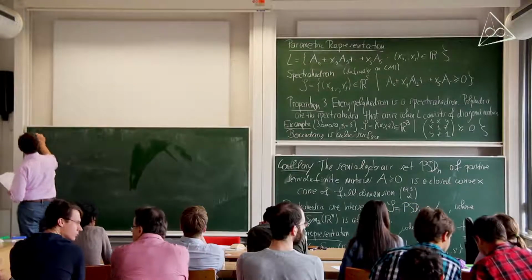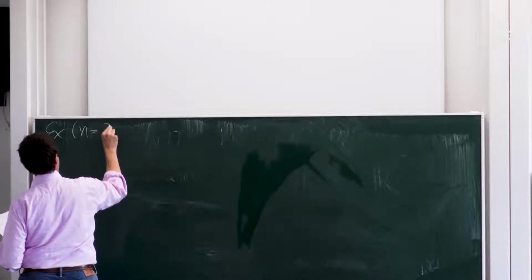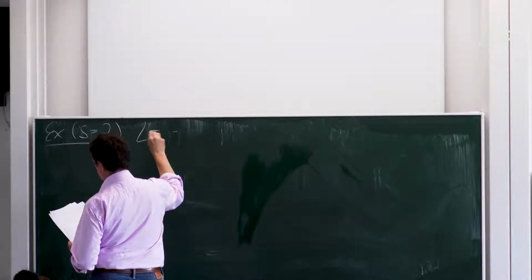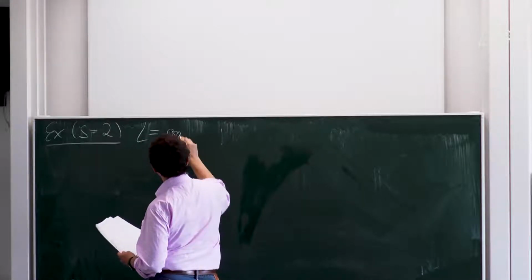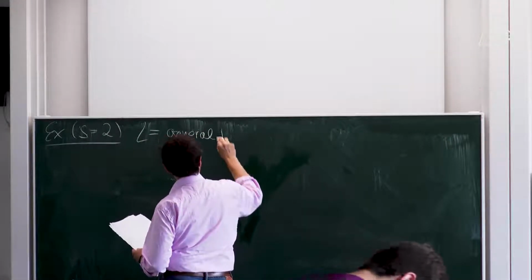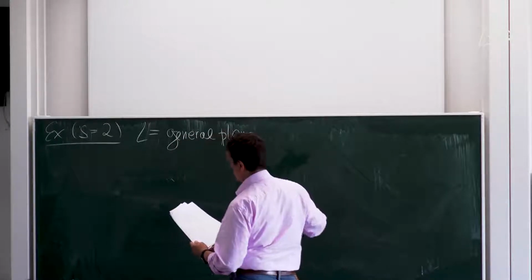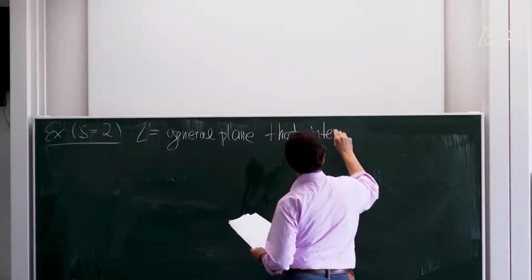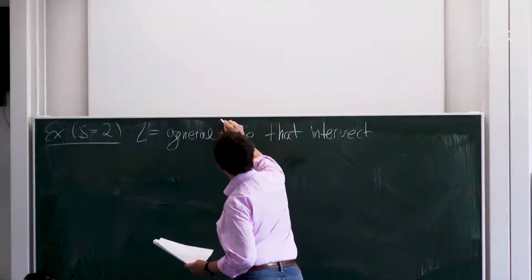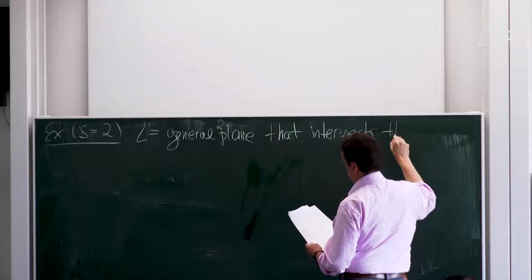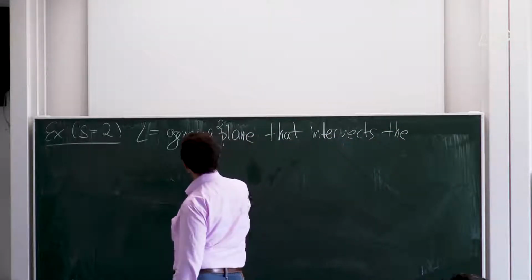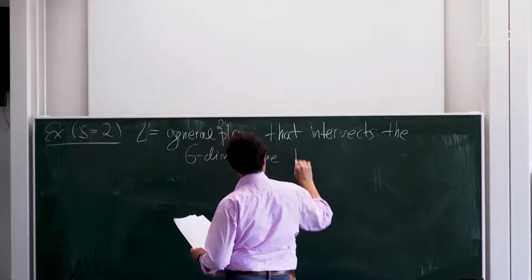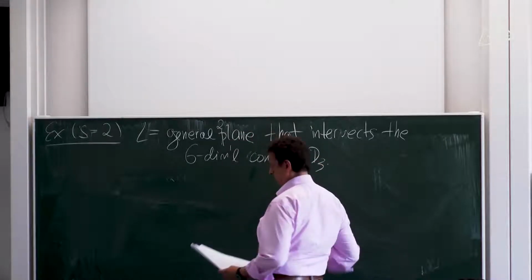Let's do a plane example. N is 2, or maybe S is 2, to be precise. Now let's do the equational representation. So L is a general 2-dimensional plane in 6-dimensional space that intersects the PSD cone, the 6-dimensional cone PSD of 3.